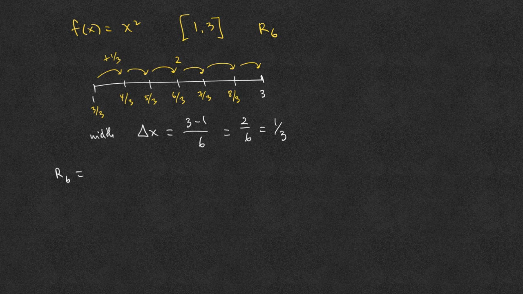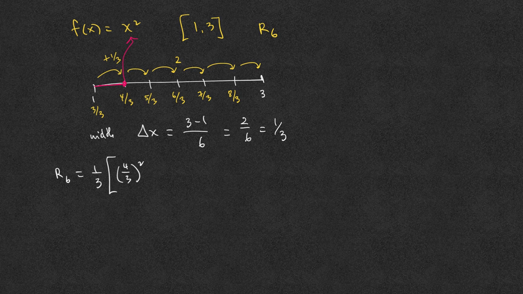Since all of them have the same width, we would factor out 1/3 as the width and we add the heights. The height is 4 over 3 squared. That is the height of the first rectangle using the right endpoint. We take the right endpoint and we evaluate it using the function to get the height of the rectangle.